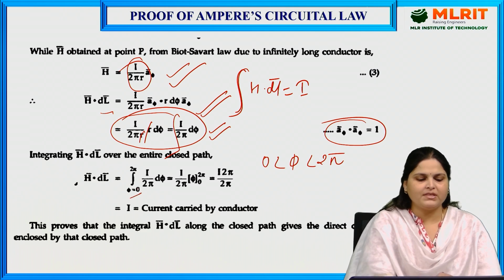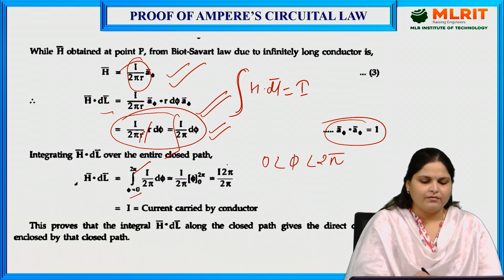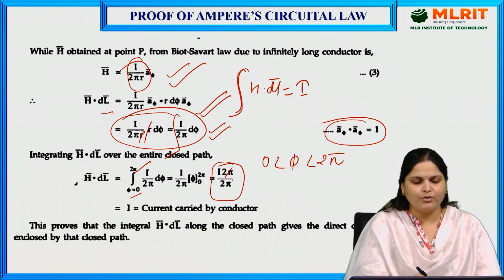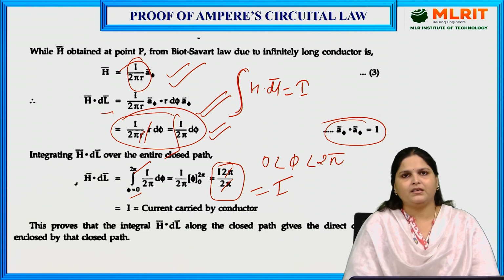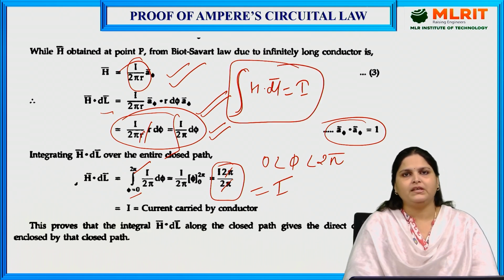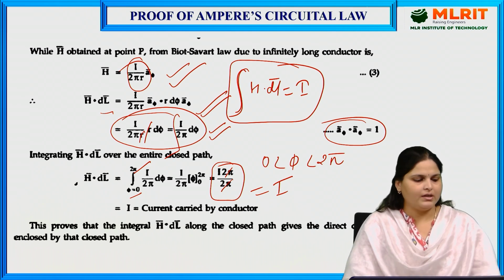So we put the limits 0 and 2 pi, and when we integrate, we get I times 2 pi upon 2 pi, where 2 pi and 2 pi cancel, and finally we have I, which proves the formula: integration of H dot dl equals I. So this was the proof of Ampere's circuital law.